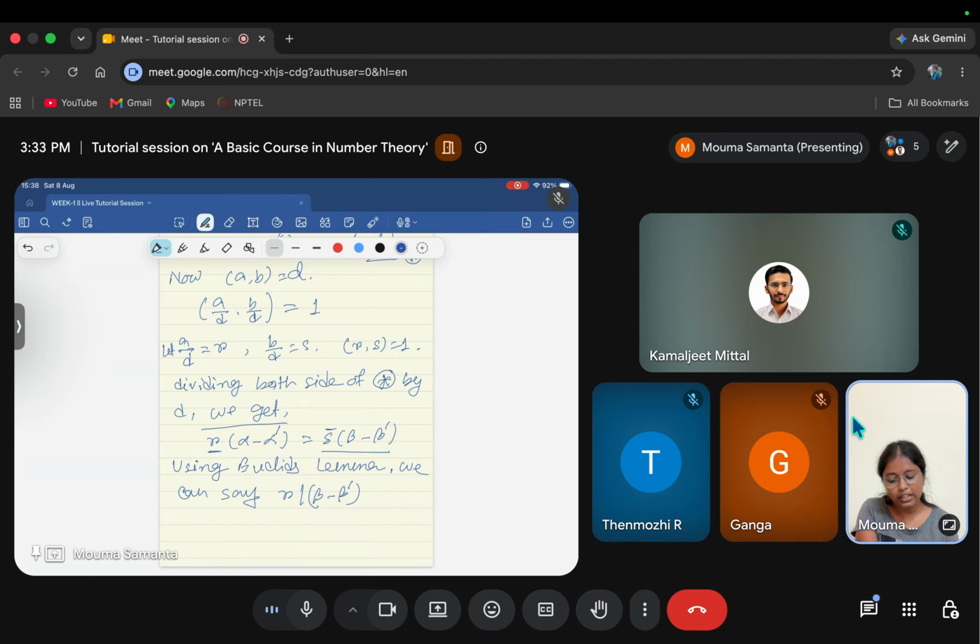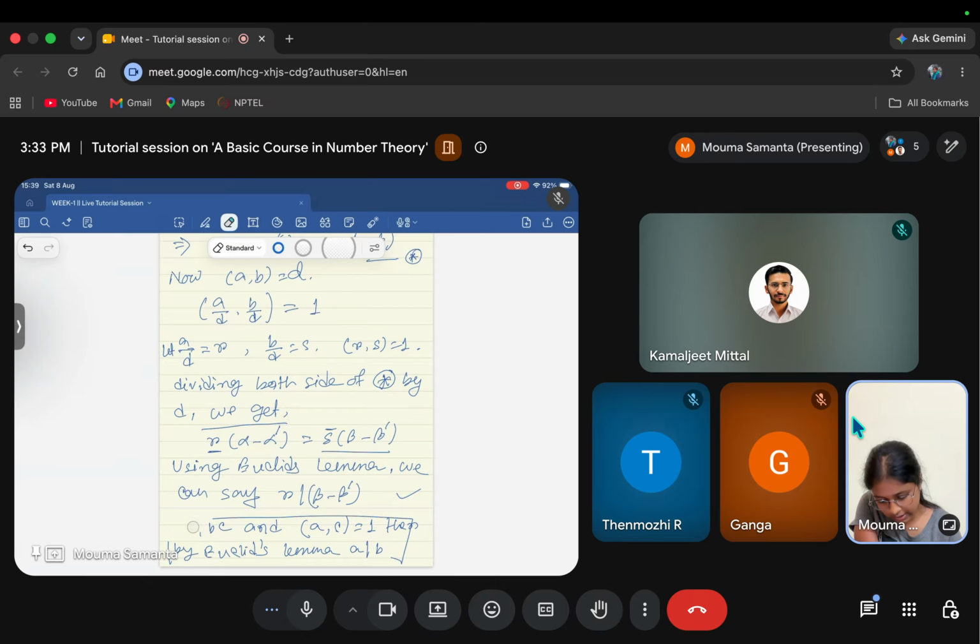Now Euclid's lemma says that if A divides BC and GCD of AC equals to 1, then by Euclid's lemma you can conclude A divides B. Now we will use this fact in this case. So what will we write here?